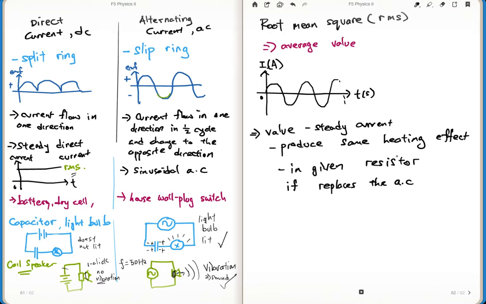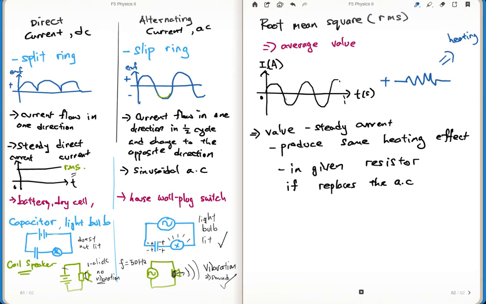Meaning, in the event that it were connected to a resistor, you get heating effect over the resistor.